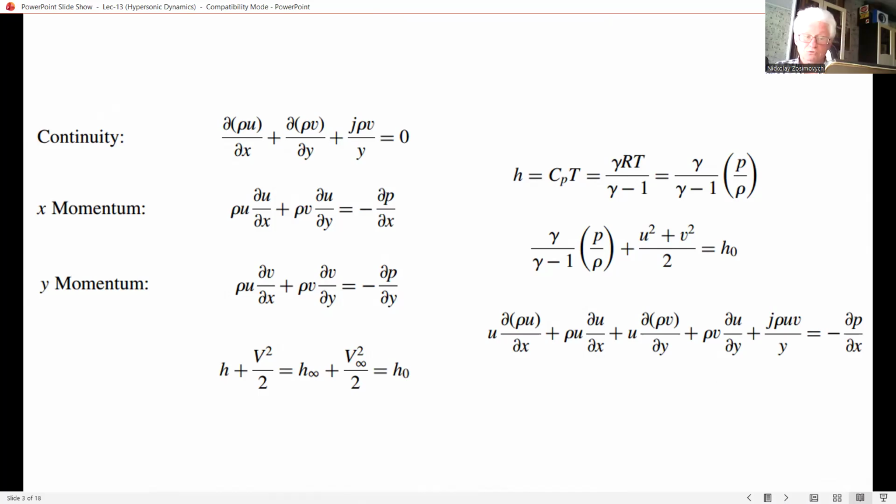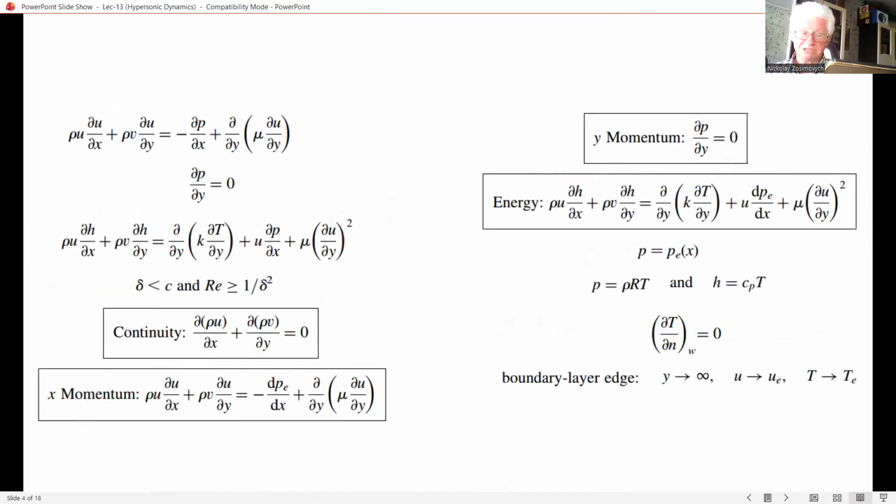Such integral solutions of the boundary layer are well known and extensively presented elsewhere, and hence they will not be considered here in our lecture.